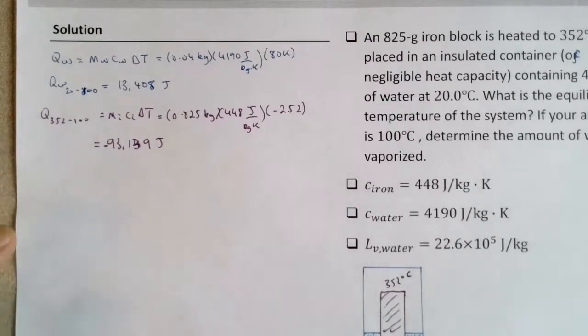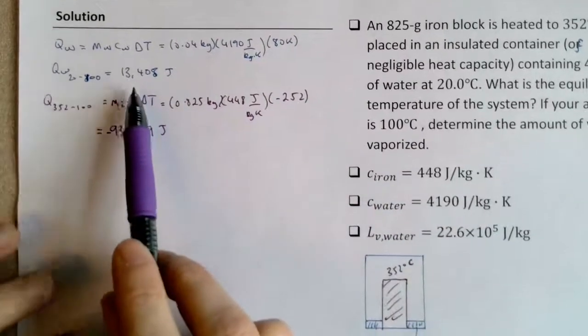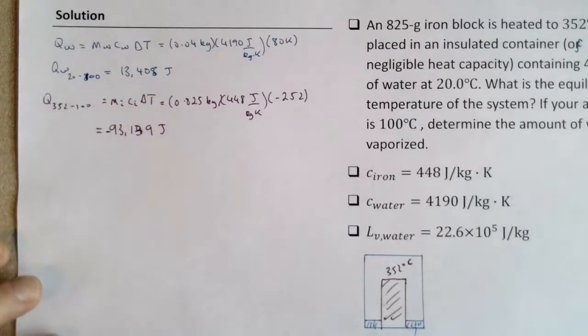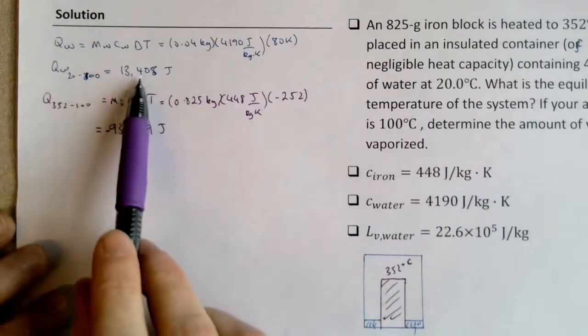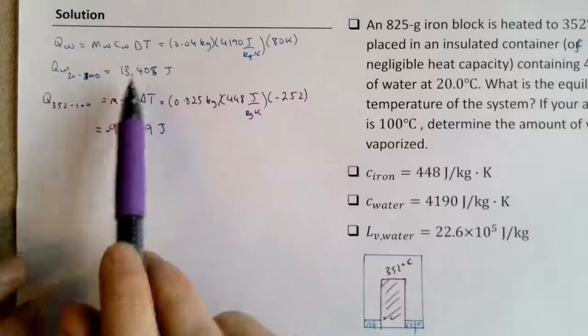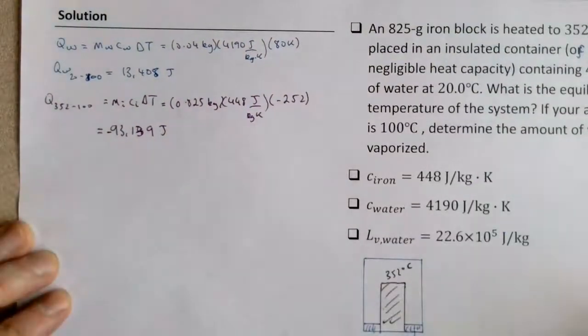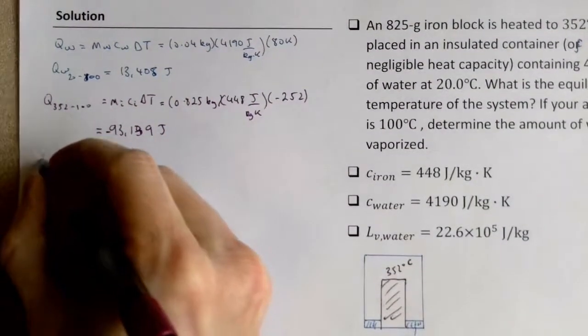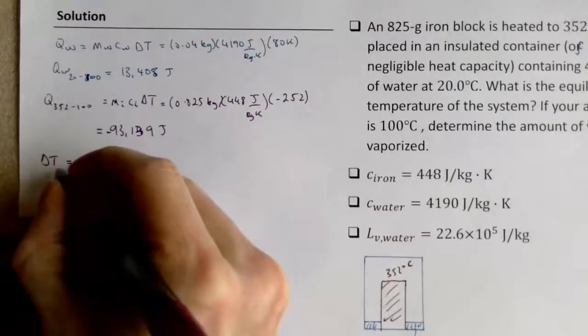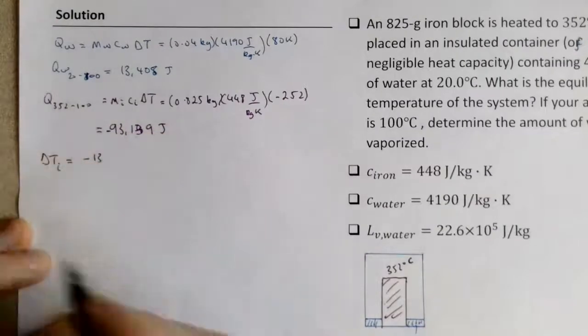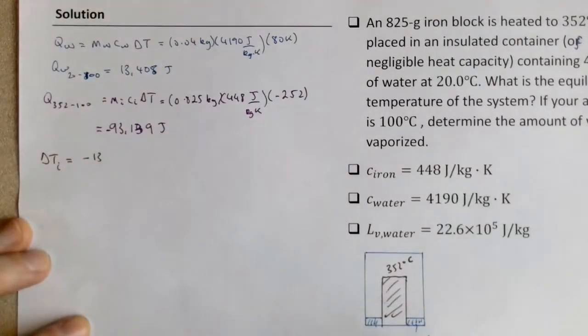Just to do the further review case, during this first stage, 13,408 joules will flow out of the iron block and into the water. If we remove the 13,408 joules from the iron block, let's figure out what that delta T would be for the iron block after the first stage, heating the water up from 20 to 100.